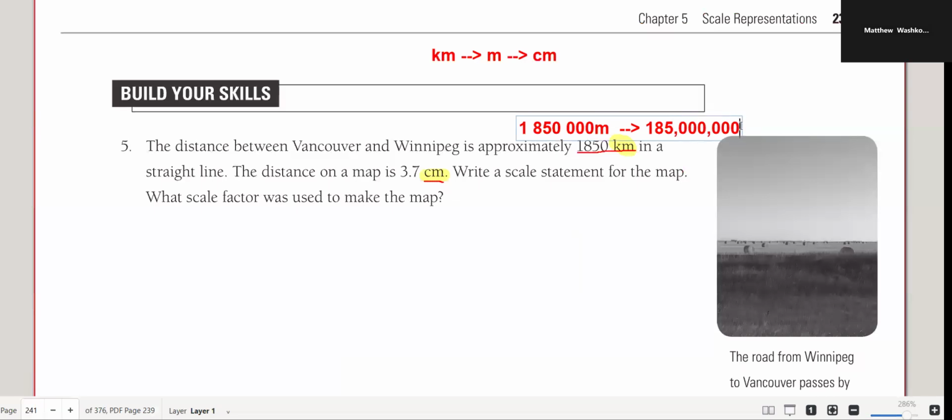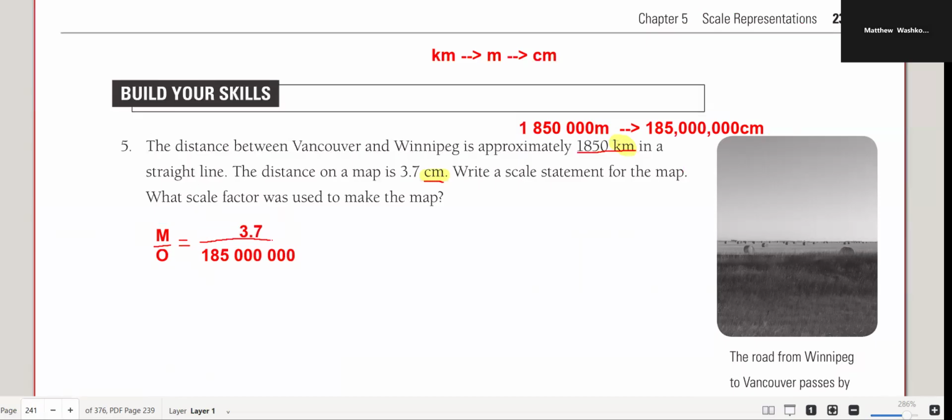185 million centimeters. That's what that is. Okay, so scale factor, right? Model to the original. My model in this case is 3.7 centimeters. My original in this case is 185 million.